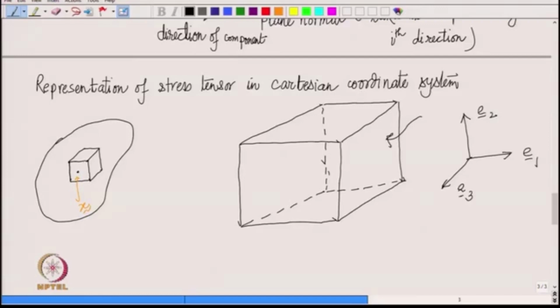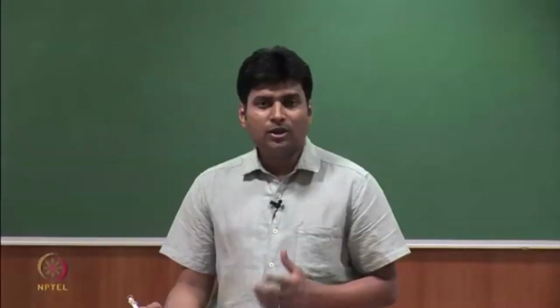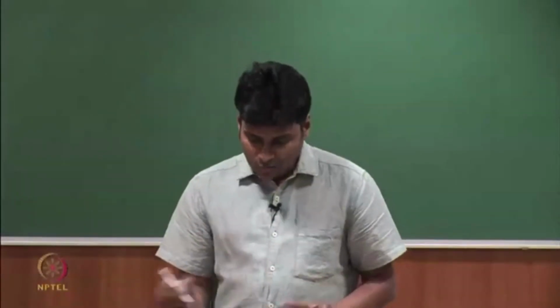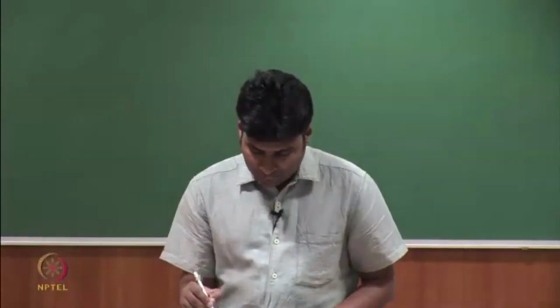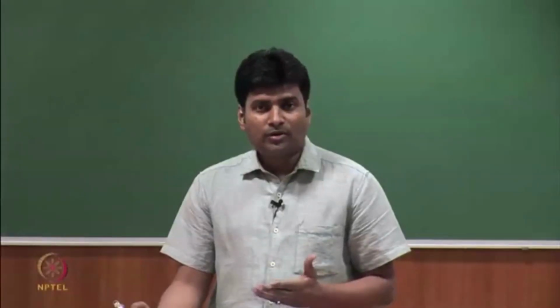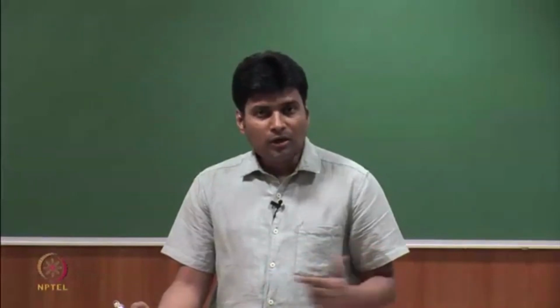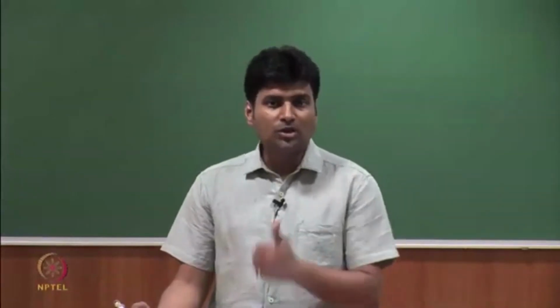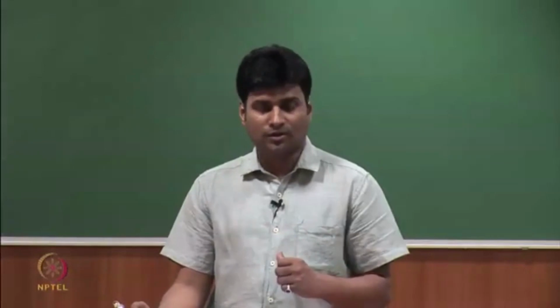The traction that acts on E1 plane is T1, right. So, we have T1 here, and it has 3 components, the component along E1, the component along E2 and the component along E3.